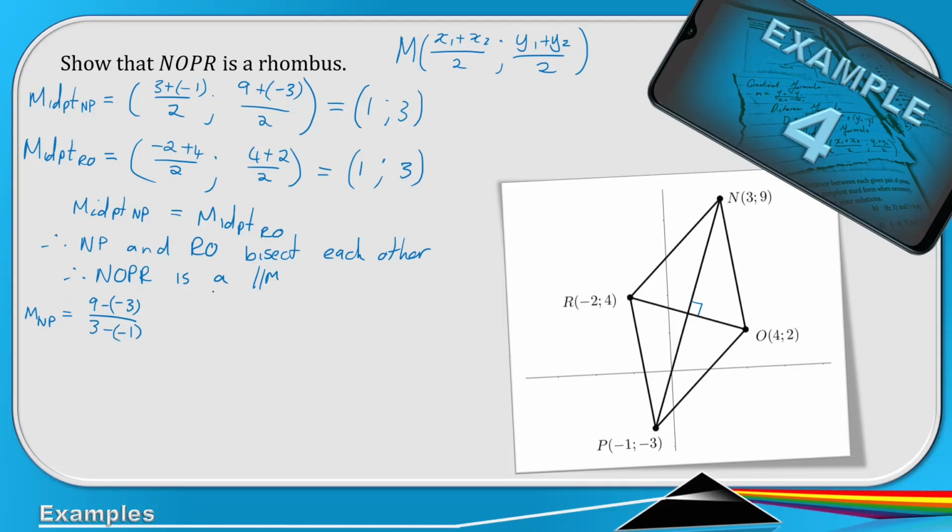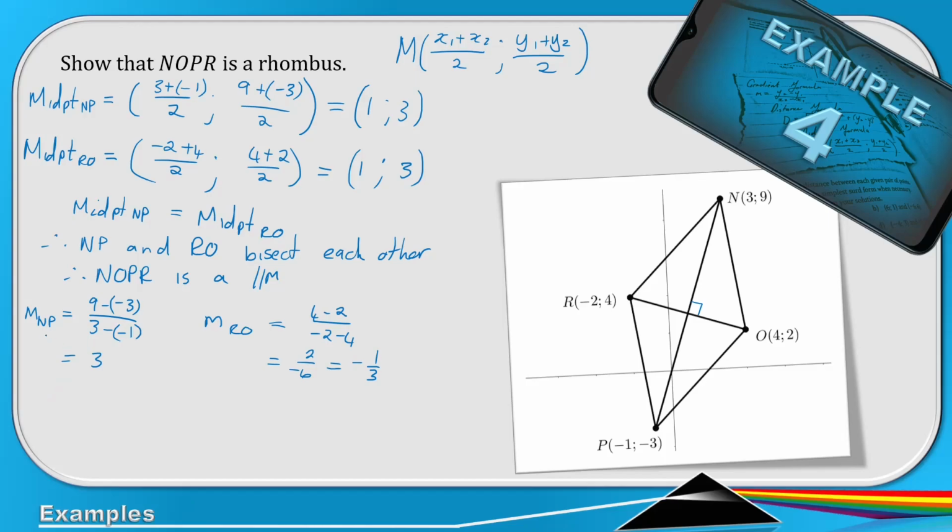Okay, and this then is 12, so 12 over 4, so this is 3, and then the gradient of RO is the change of y, so 4 minus 2 over the change of x, minus 2 minus 4. Okay, and this is 2, and this is minus 6. So 2 over minus 6, and that simplifies to negative 1 over 3.